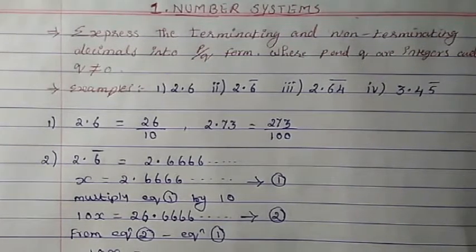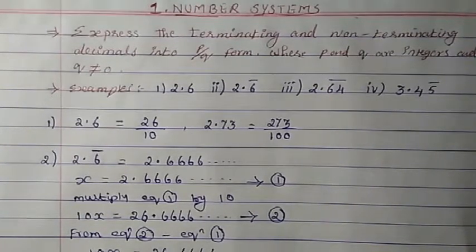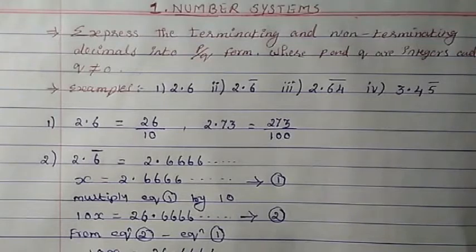So we get 10x equal to 26.666 and minus x equal to 2.666. When you write it, carefully keep the decimals aligned on one side.